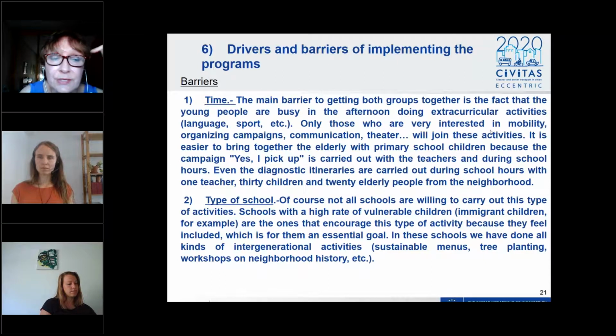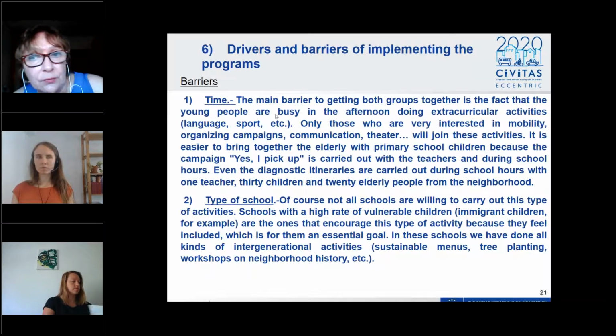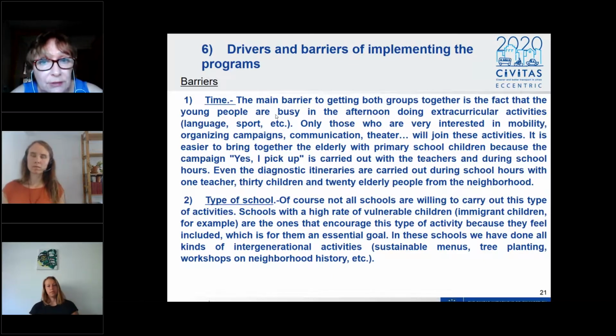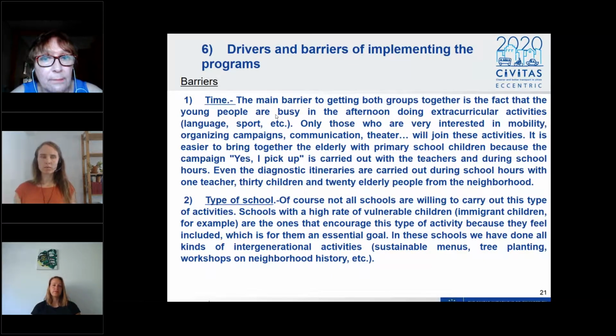And for the barriers, time for the teenagers is terrible. The main barrier to getting both groups together is the fact that the young people are busy in the afternoon doing extracurricular activities. Only those who are very interested in mobility, organizing campaigns, communication, theater, will join these activities.